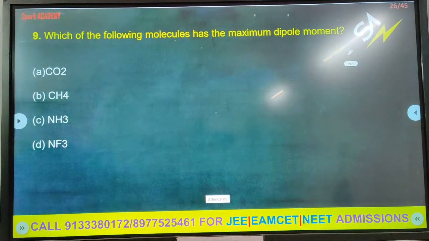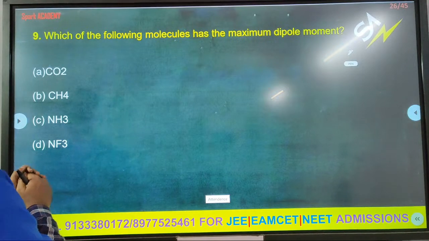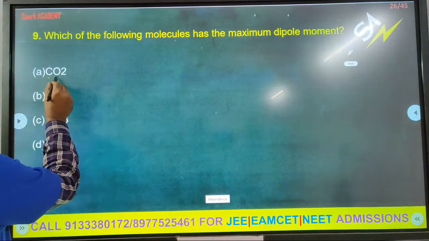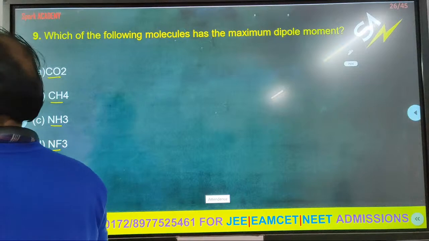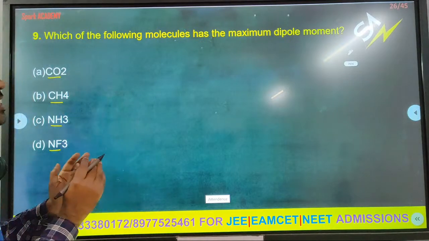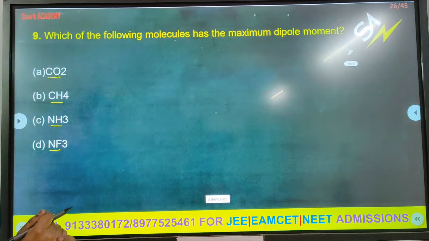Now question number 9. Which of the following molecules has maximum dipole moment? Now we have to find out the molecule's dipole moment. For dipole moment, electronegativity difference is required. Here all the given molecules have electronegativity difference.